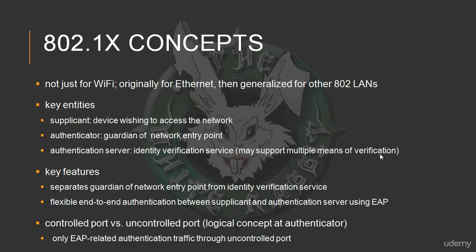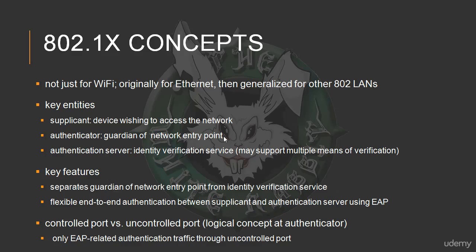Now let's compare this with what we have seen before for WEP. In WEP, there is a supplicant, which is a station that wishes to access a network, and then the access point acts as both an authenticator and authentication server in the sense that it is the guardian of the network entry point, and it also verifies the identity of the supplicant.